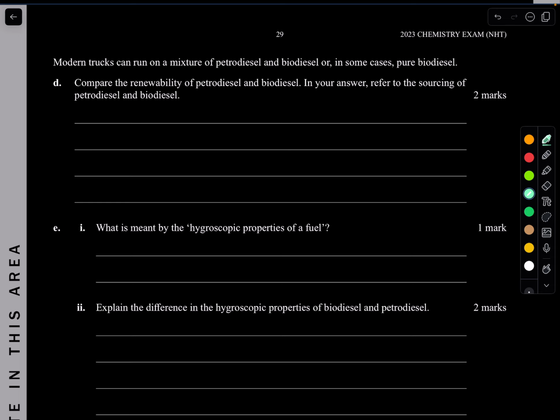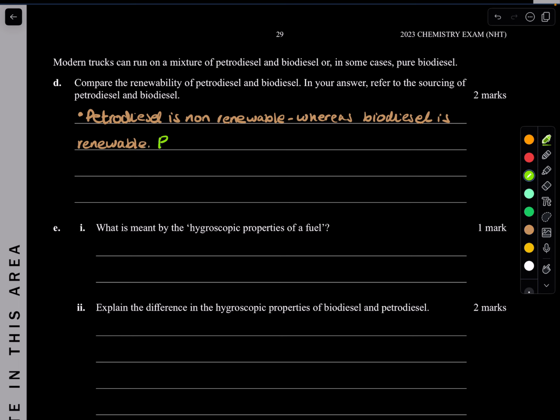Because it's only 2 marks, this is what we're going to say. We're going to just say which one's renewable first. So petrodiesel is non-renewable, whereas biodiesel is renewable. Beautiful.